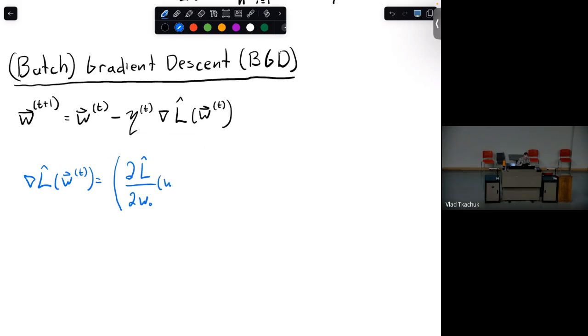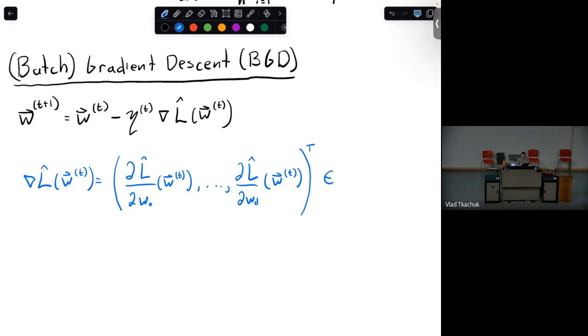And this is a function of W at time step t, all the way up to the derivative of L hat with respect to WD, and this is a function, again, of this W vector.